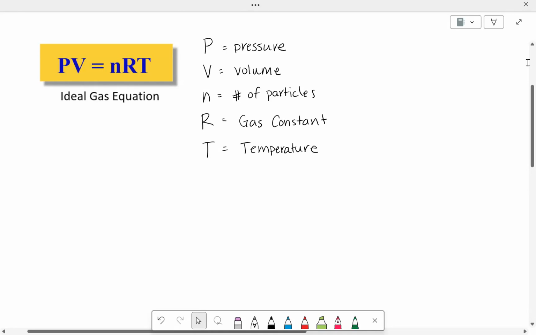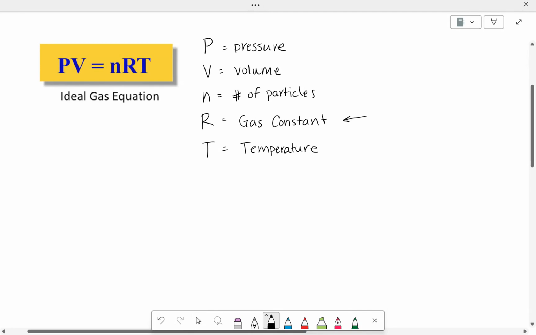This ideal gas law is basically if we had a perfect gas that acted exactly like we predict that it would, we would be able to use this equation to predict and calculate any of these 5 variables. We do have one in here, R, which is the gas constant.